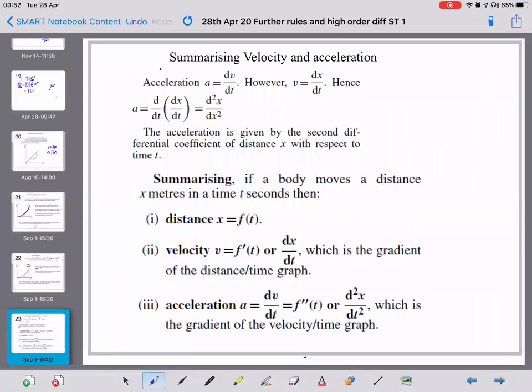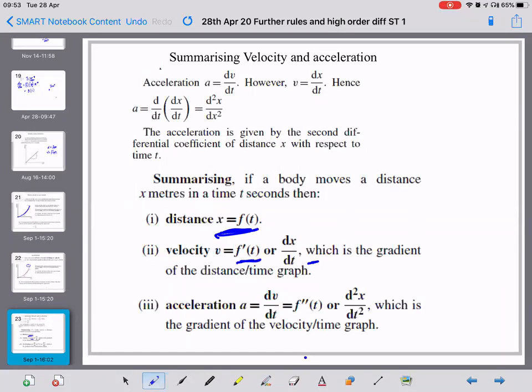In summary of what I've just said, and we'll probably have to flip back to this next week anyway, acceleration is dv by dt, so we differentiate the velocity function, or we can differentiate the distance over time function twice to get the second differential of the distance function. So if we have distance equals f at time t, velocity is equal to f dash t, or dx by dt.